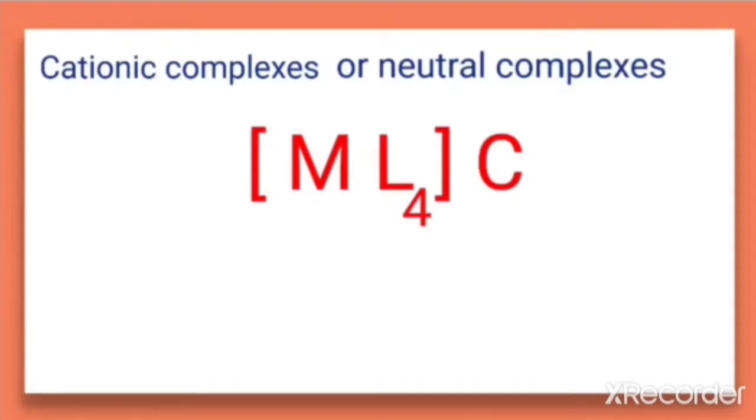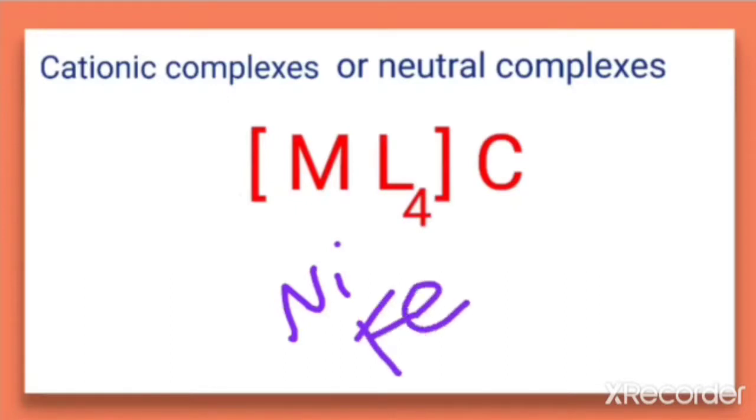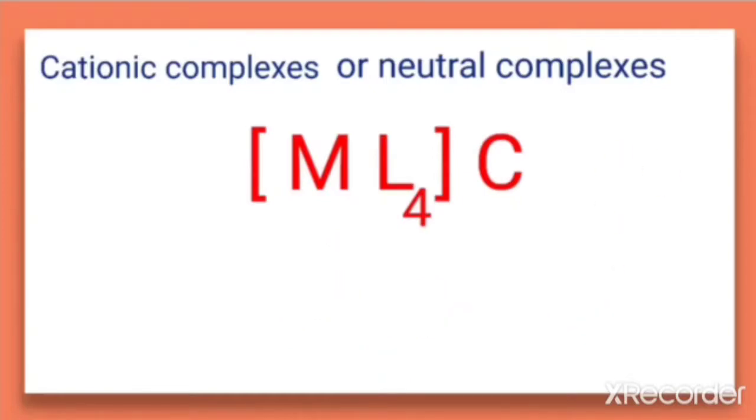As for central metal ion names, you are familiar that if nickel is there, its name is nickel. Fe is iron, Cu copper, Co cobalt. So the name of the central metal ion will be the name of that element.